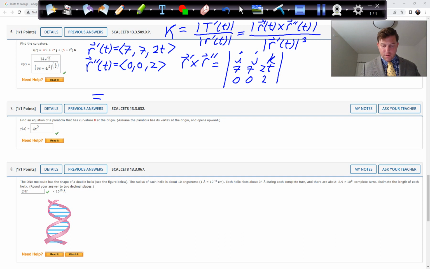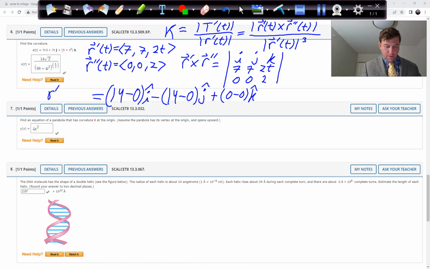Well, that's going to equal, cover up the first column, 7 times 2, which is 14, minus 2t times 0, which is 0 in the i, minus, cover up the middle column, 7 times 2 is 14, minus 2t times 0, which is 0 in the j, plus, cover up the third column, 7 times 0 minus 7 times 0 in the k. So the r prime cross r double prime vector is 14, 14, 0.